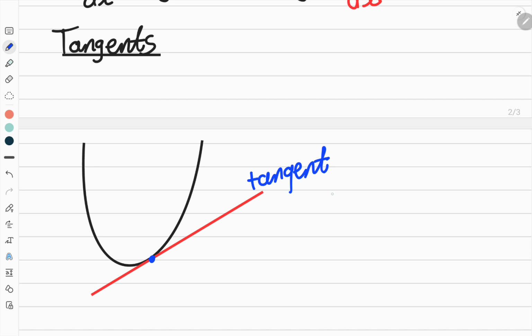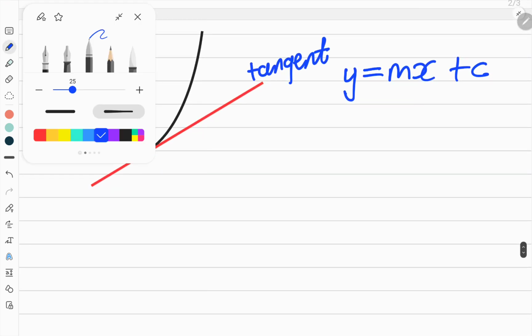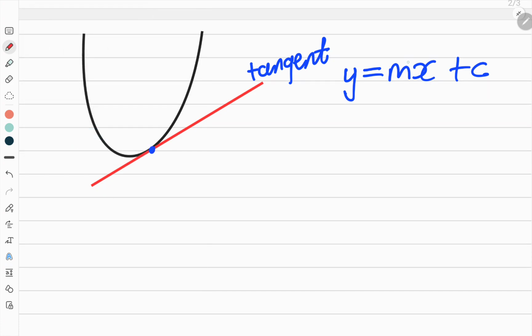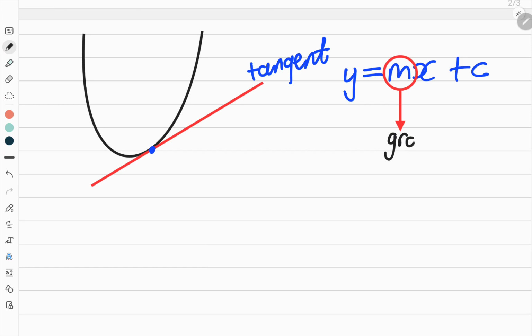So now that we have defined what a tangent is, it being a straight line, this means your equation of a tangent is in the form y is equal to mx plus c. The question now would be, what does m represent? M represents the gradient, right?